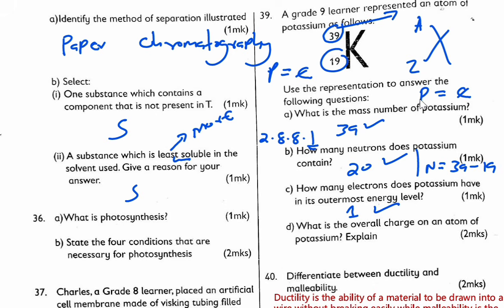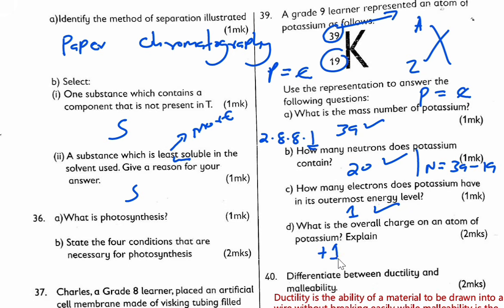This means if the protons are 10, then electrons are 10. Now for potassium, we have 19 protons and 19 electrons. But when it loses 1 electron, now we'll be having more protons than electrons because it's lost 1 electron. And therefore, the charge is going to say it is +1.